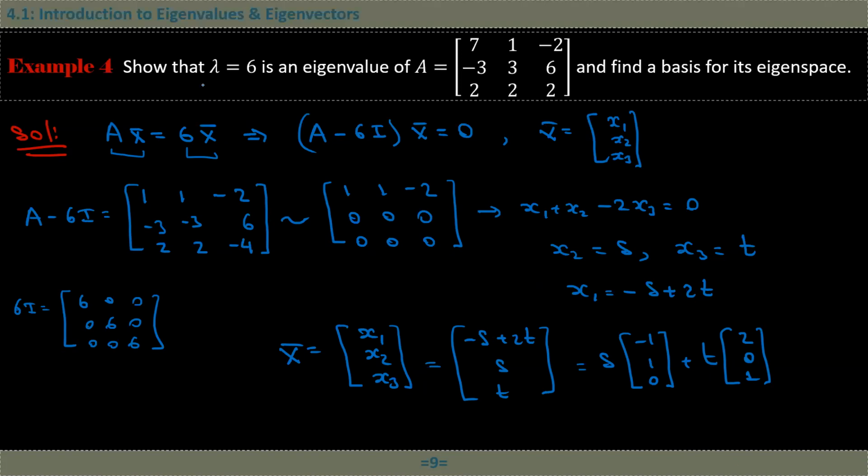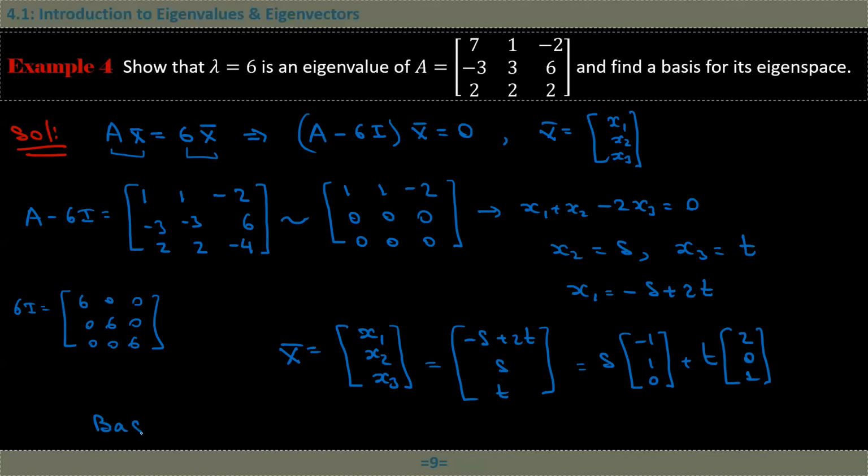So what is the question here? Show that lambda equals 6 is an eigenvalue. We have already shown that for this lambda we have a corresponding eigenvector which is not equal to 0, that is this vector right here. And find a basis for its eigenspace. What is the basis?